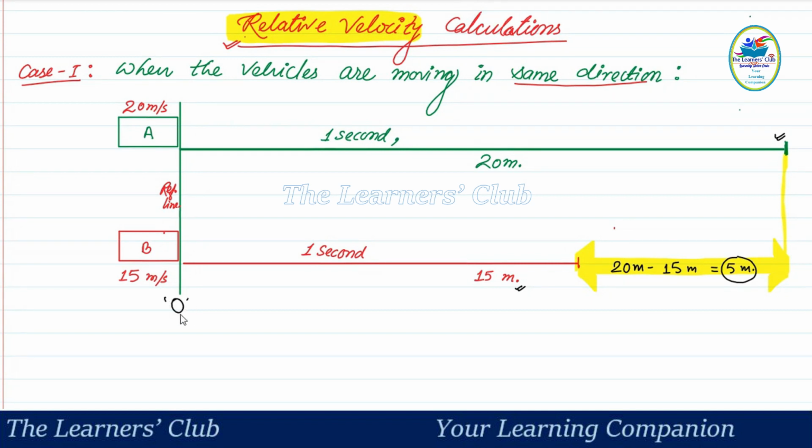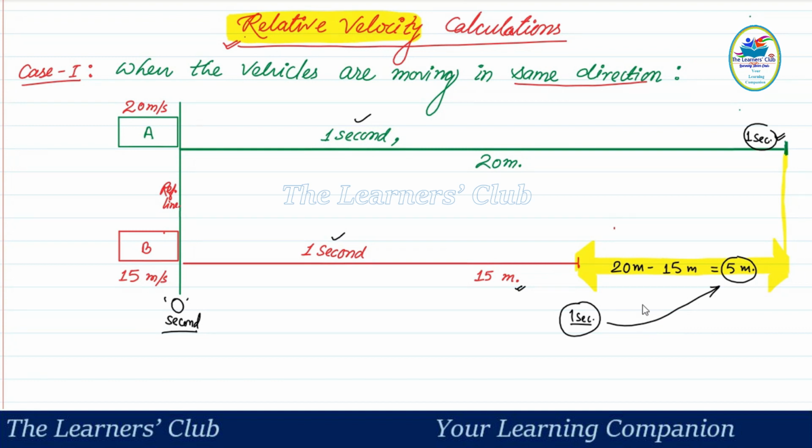This is 0 second time for both, and this is 1 second time for both. This is for the vehicle B, this is for vehicle A. This is also 1 second time. I have written already 1 second, 1 second here. So in 1 second time, the gap between the vehicles is 5 meter. Is the concept clear?